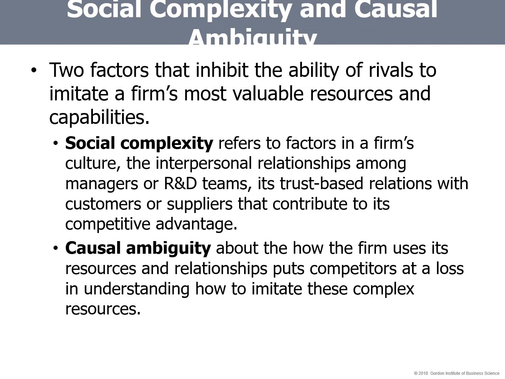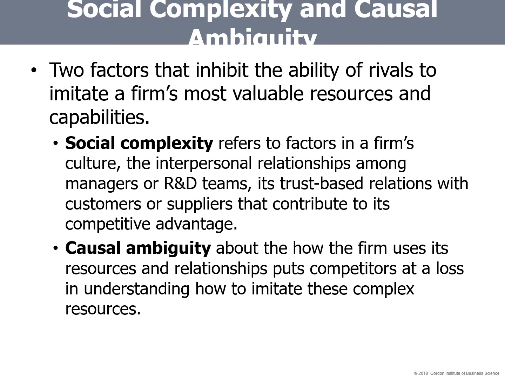Two other factors contribute to the company's resources and capabilities. Social complexity and causal ambiguity are two factors that inhibit the ability of rivals to imitate a company's most valuable resources and capabilities.